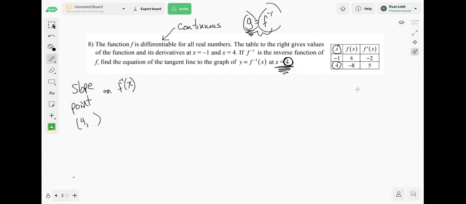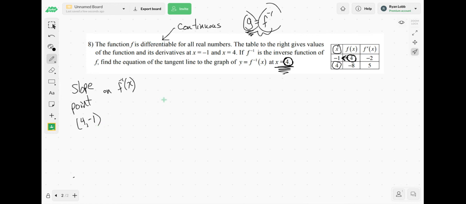So I look for an output of 4 for function f, and right there must be the y coordinate. That's what f inverse of 4 is. If this goes into function f inverse, then it must come out as -1, because now I know that if I plug in -1 to function f, I get out 4. Okay, the values flip-flop. So there's my point.